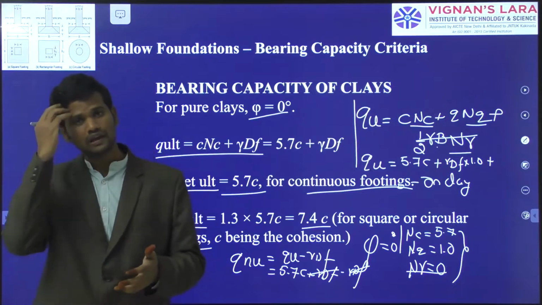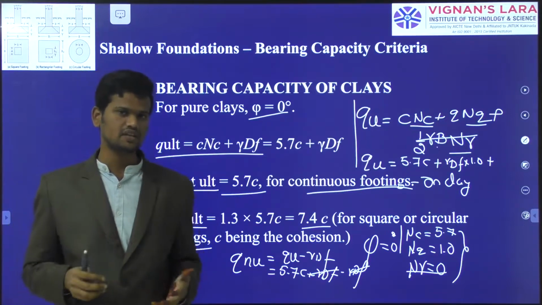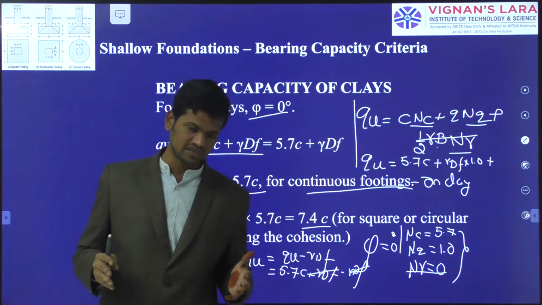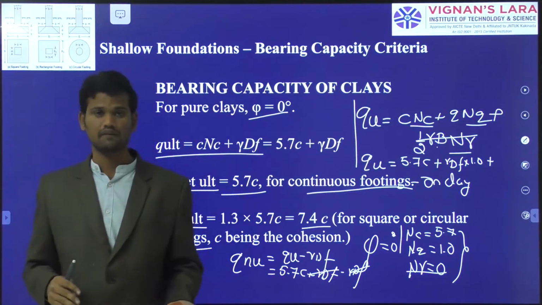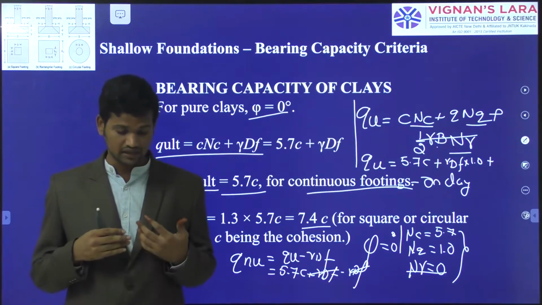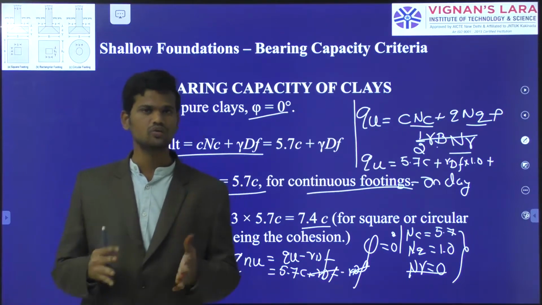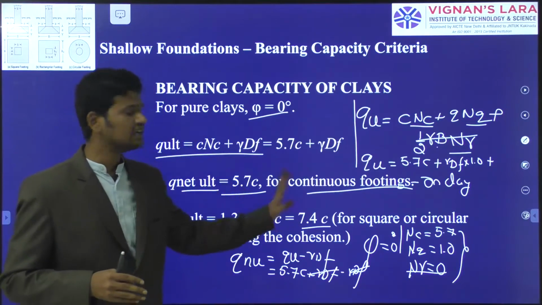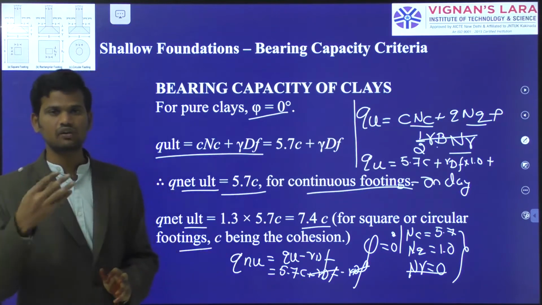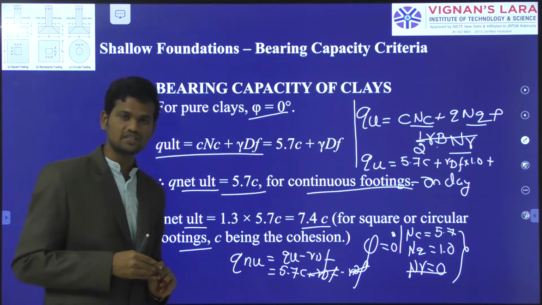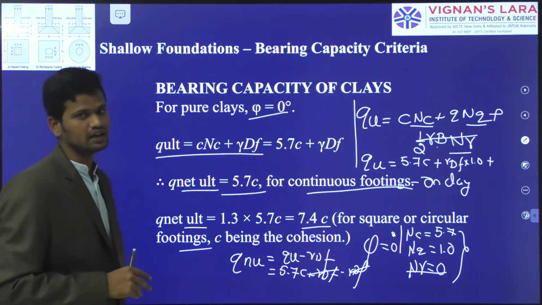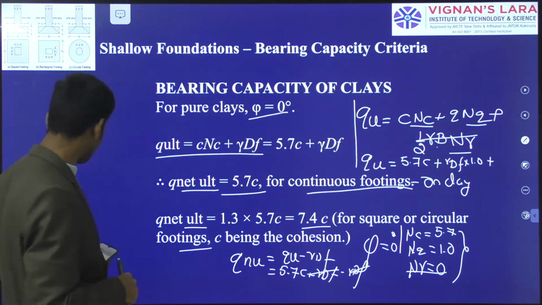If you substitute, you will get the ultimate bearing capacity of the soil. We need not substitute the Nc value, Nq value, gamma value, unit weight or width of the foundation. If you remember this formula, you can directly use it and get the ultimate bearing capacity of the soil in a square or circular footing based on the given dimensions.